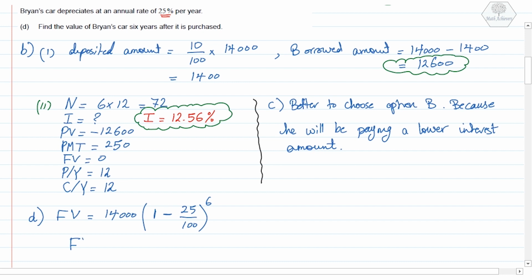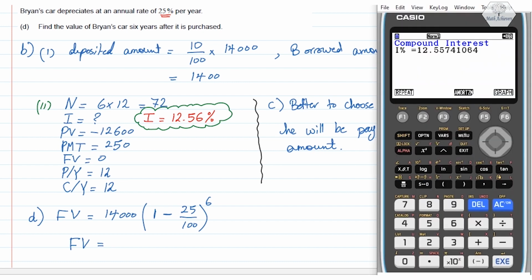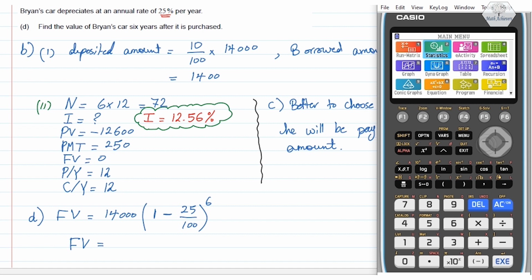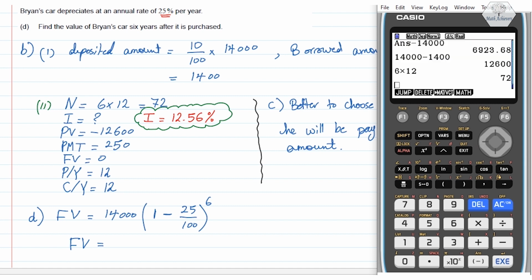So now the future value is simply equal to, I use my graphical display calculator, I go to run matrix, and it's 14,000 times 1 minus 25 over 100, all of it to the power of 6.